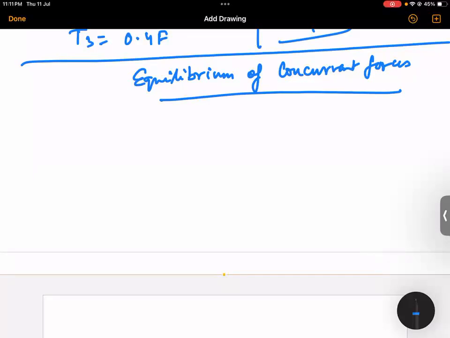Forces acting at the same point are called concurrent forces.